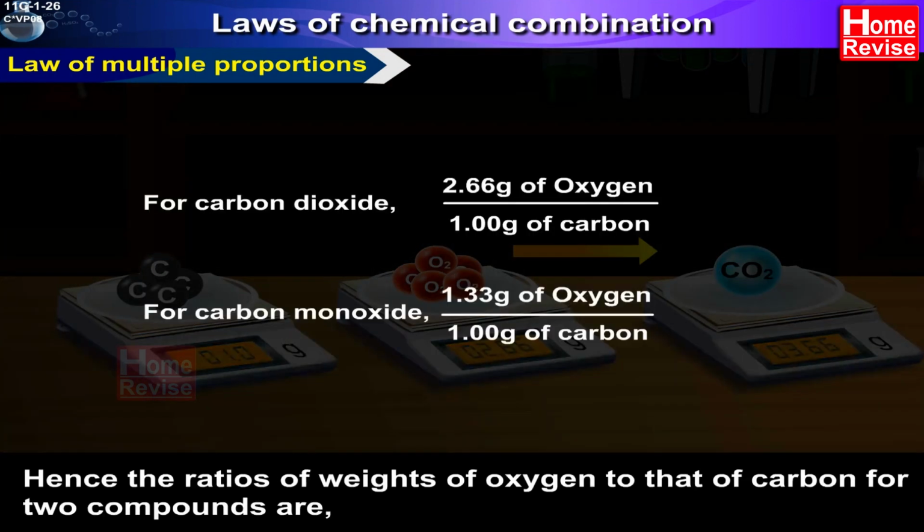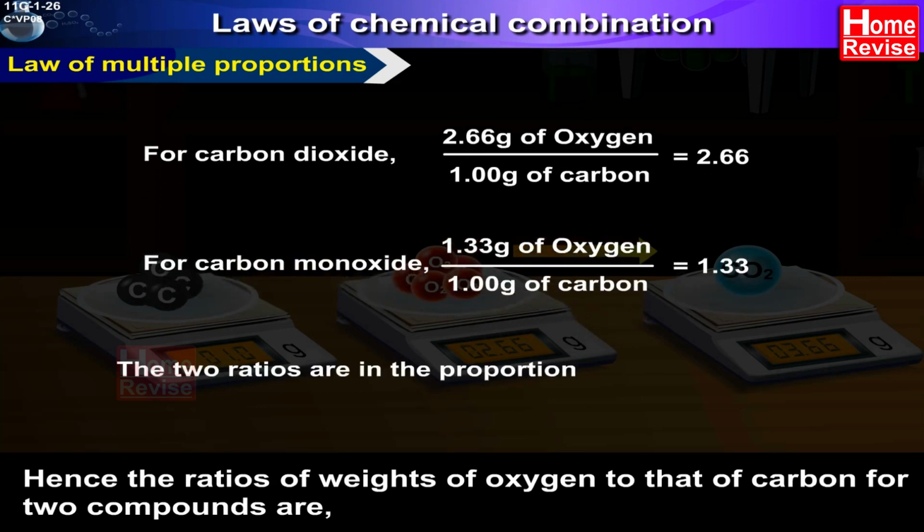Hence, the ratios of weights of oxygen to that of carbon for the two compounds are: for carbon dioxide, 2.66 grams of oxygen upon 1.00 gram of carbon is equal to 2.66. For carbon monoxide, 1.33 grams of oxygen upon 1.00 gram of carbon is equal to 1.33.